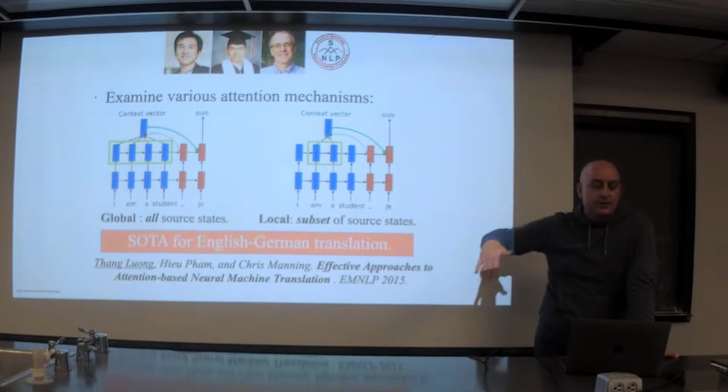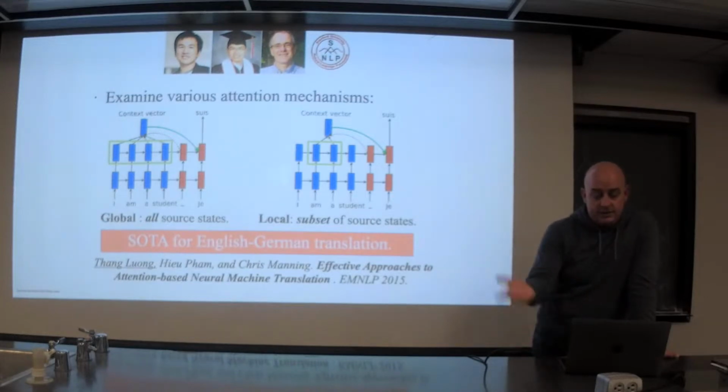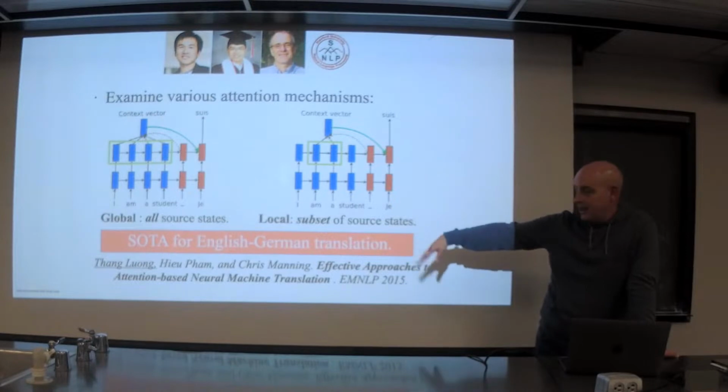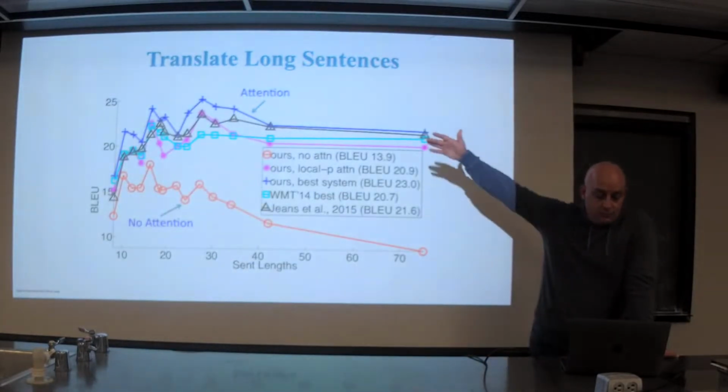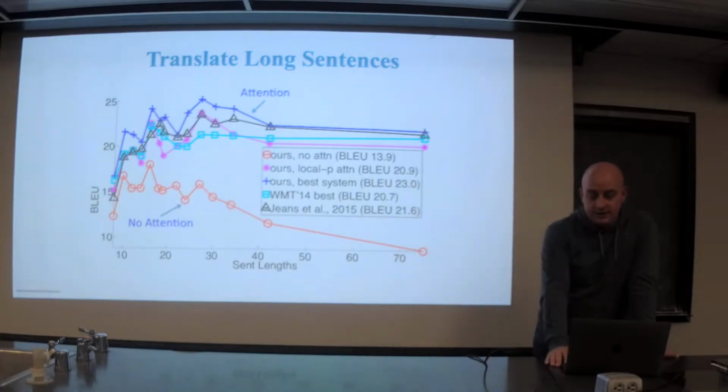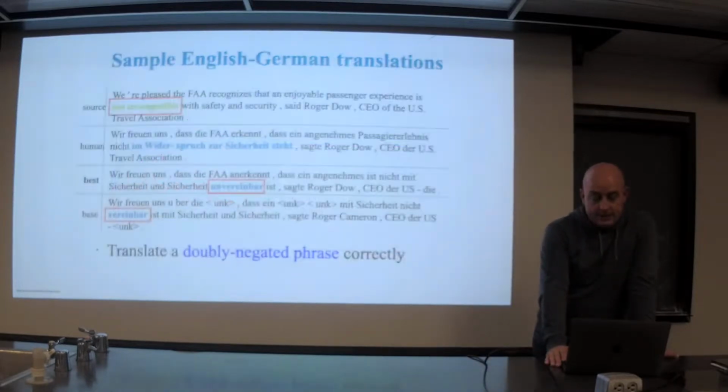But anyways, these things started giving state-of-the-art machine translation, not only for English and French, but a whole bunch of different languages. This was one for English to German. Again, another really famous name in machine learning, Chris Manning. And we can do much, much better at longer sentences as a result. So that's the key there.